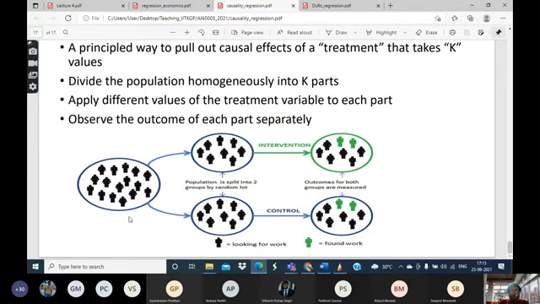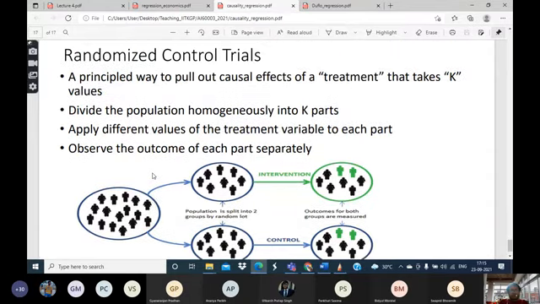So what happens in a randomized control trial is that we have a population like this. Suppose we have a problem at hand. Let us take a very contemporary example.